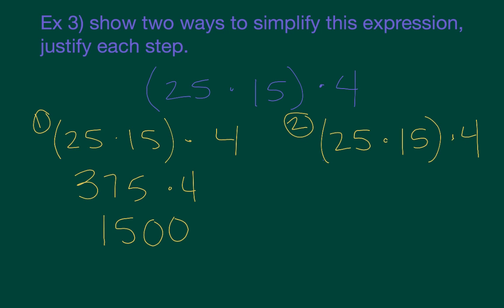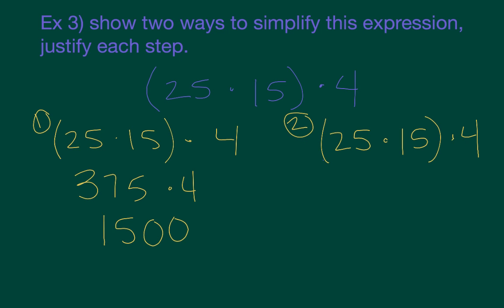And of course, according to our rules, no matter how you turn numbers around in multiplication, the answer is still going to be the same. So it doesn't matter how we do this with multiplication. We're just going to put numbers together that will work the best. So I want to move the 25 and the 4 together, because 25 times 4 can get us a number that's really easy to solve.